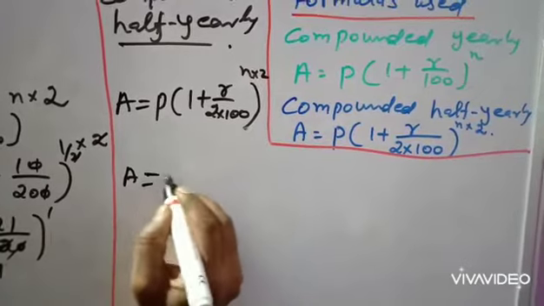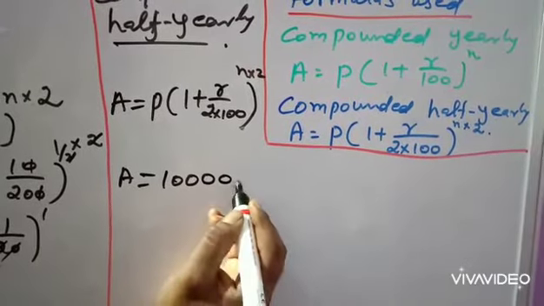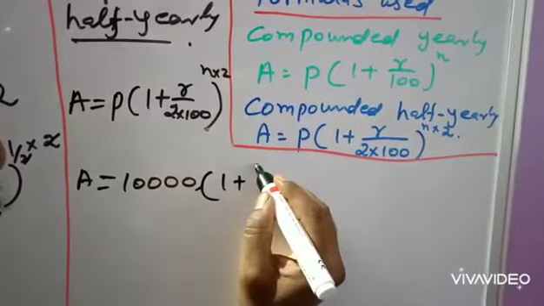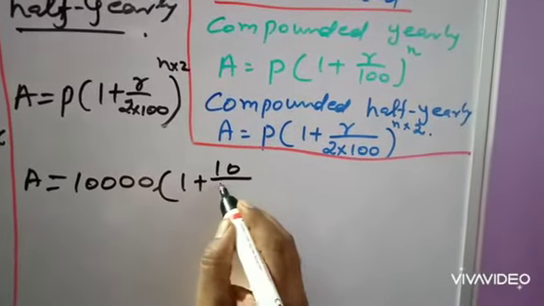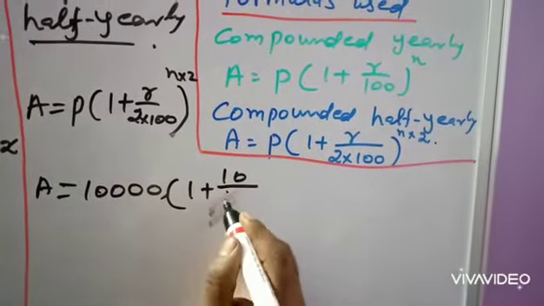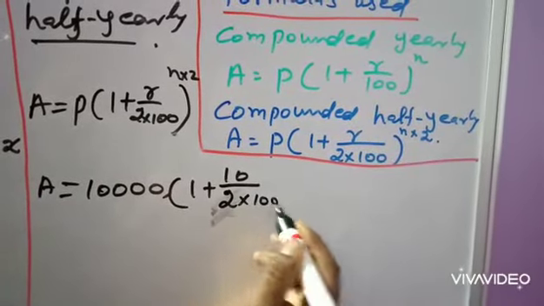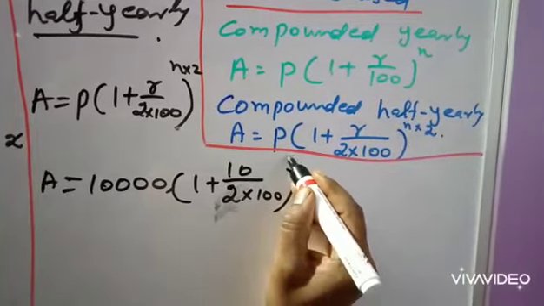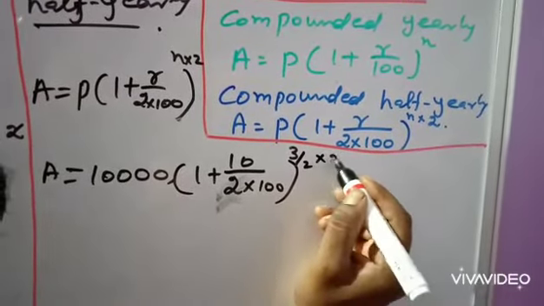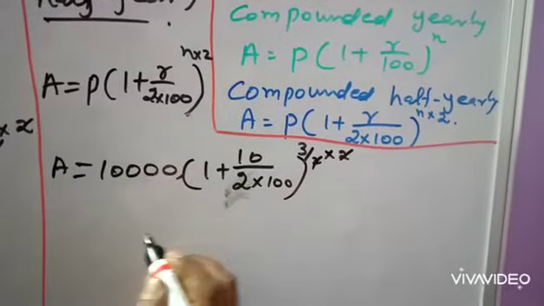So we have principal 10,000 into (1 plus 10 by (2 into 100)), power number of years 3 by 2, 18 months, into 2. The 2s we can cancel.